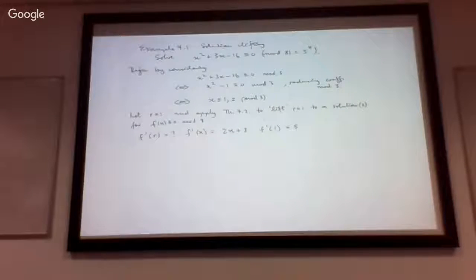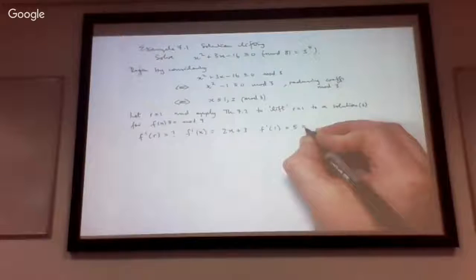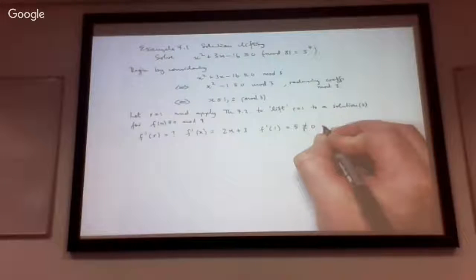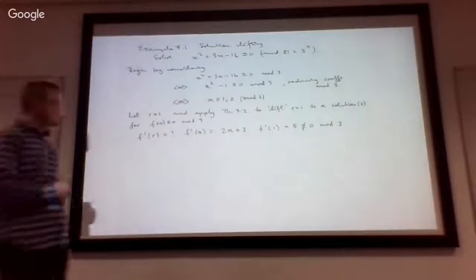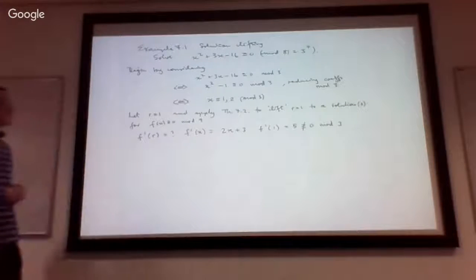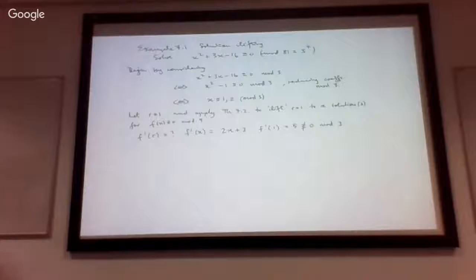But the decision we have to make is, is this 0 or non-zero modulo p, which is 3? Well, that's clearly non-zero modulo 3. 5 is not a multiple of 3. 2 modulo 3 is the standard representative of it. So that puts us into the top bullet point.